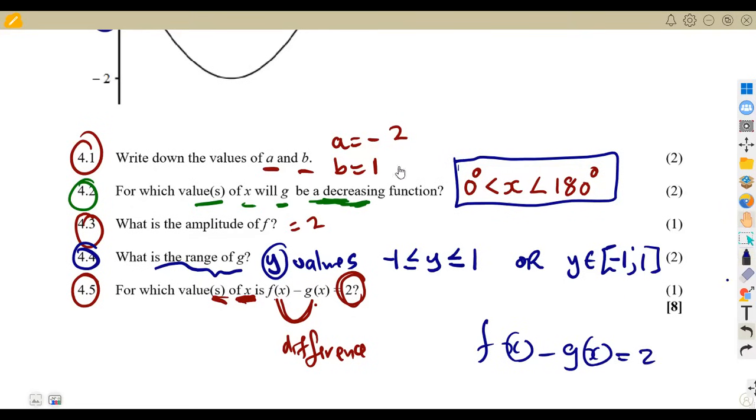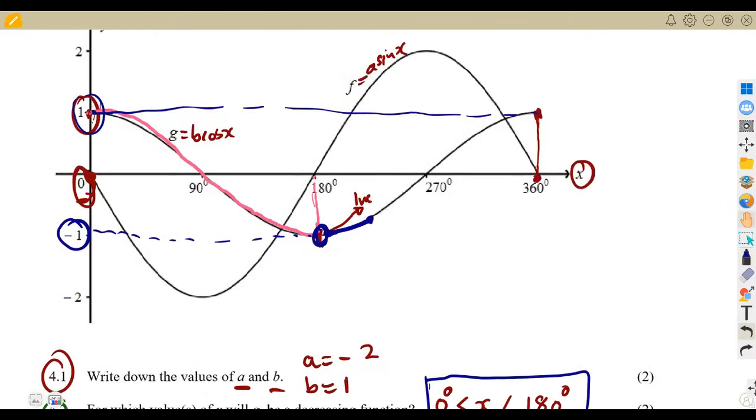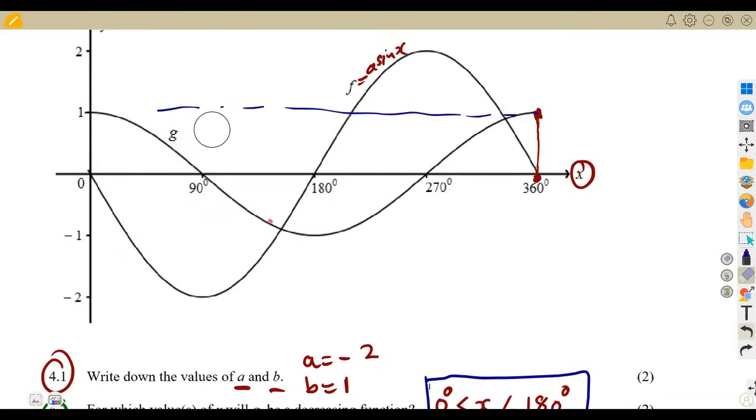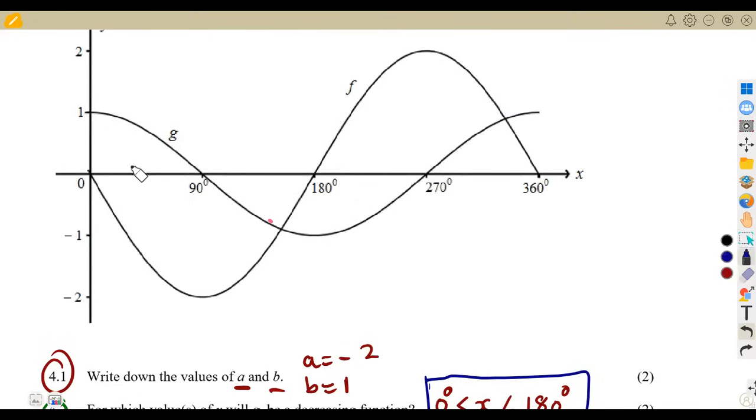Let us check from our diagram. If you check from your diagram, this is our f of x, which is this one. Remember, this is our f of x. So we need a condition where f of x is subtracting g of x to get a difference of 2.